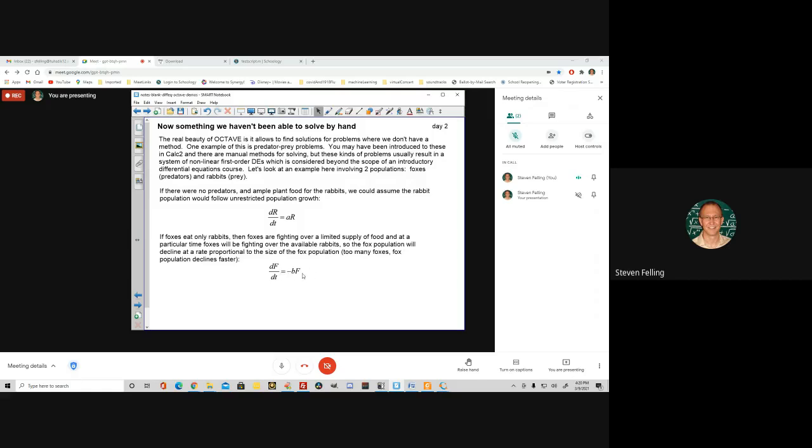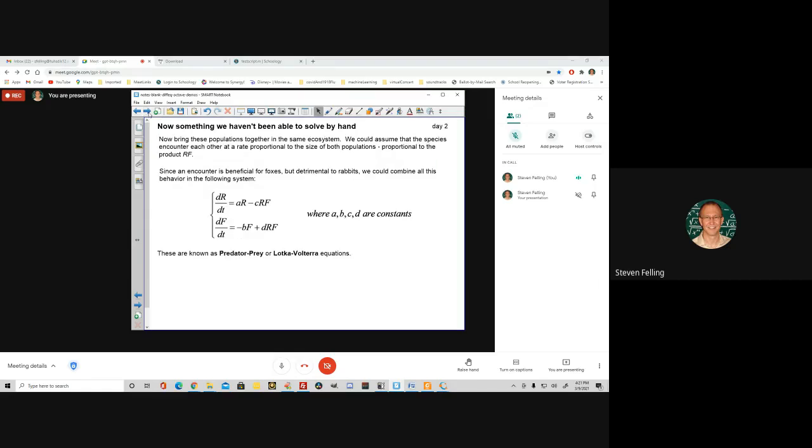Basically, the more foxes there are, the more negative the decline of the fox population will be because they're fighting each other for the limited rabbit population to eat. So this is a negative constant, B. And B is just another constant of proportionality. Too many foxes, the fox population declines faster because there's not enough rabbits to supply food. Basically, that's the assumption for that.